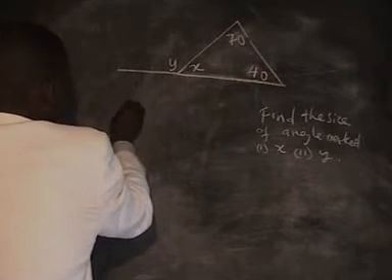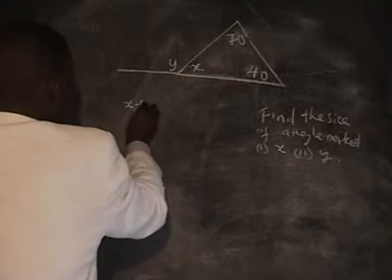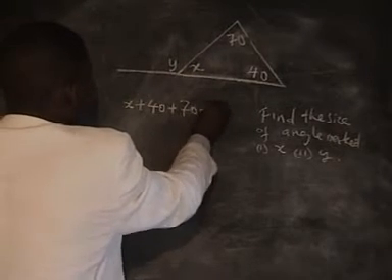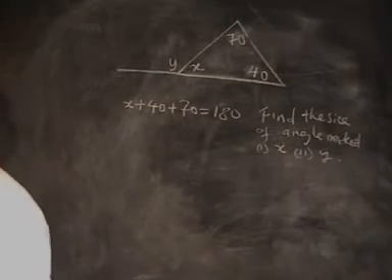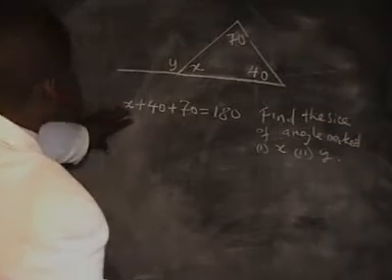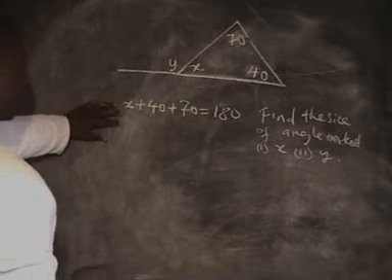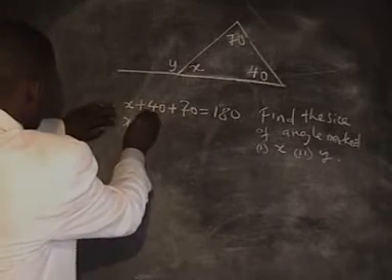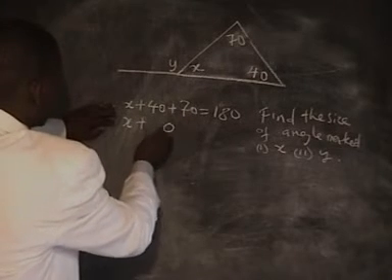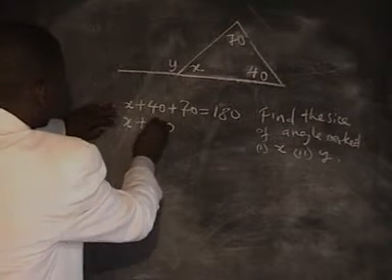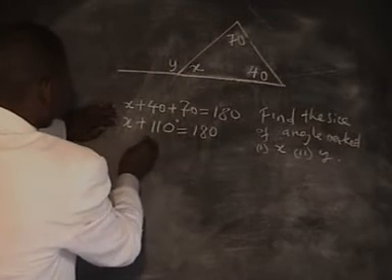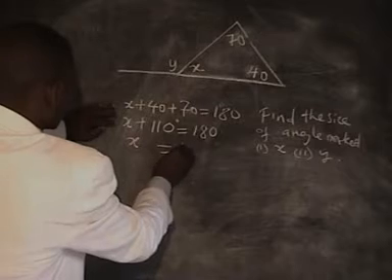So you add X plus 40 plus 70, and this is equal to 180 degrees. 4 plus 7 is 11, so this is 110 degrees, equal to 180.